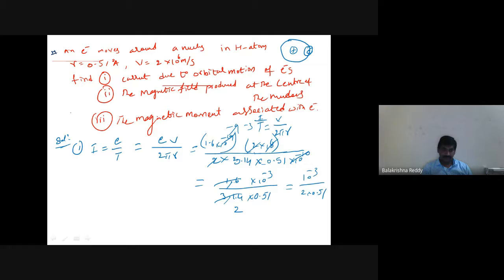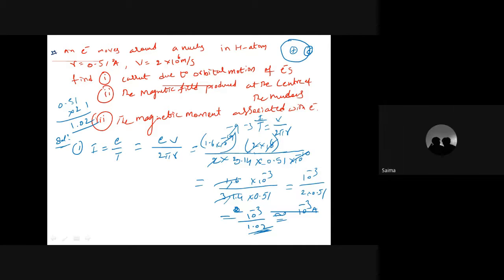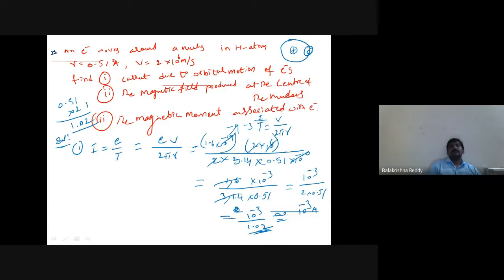Since it has a decimal, approximately the current is 10 to the power minus 4 amperes.